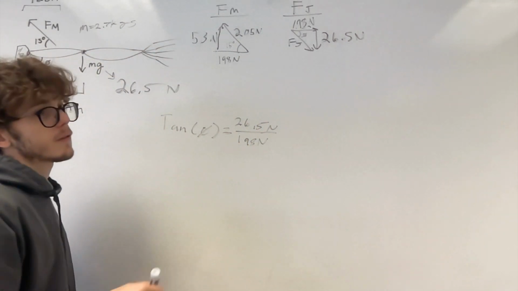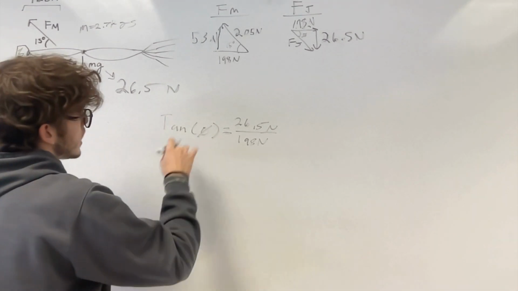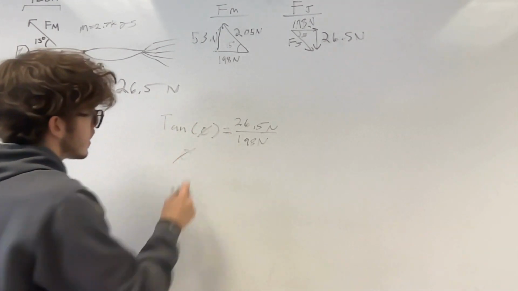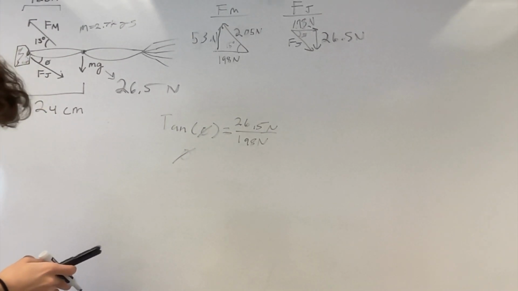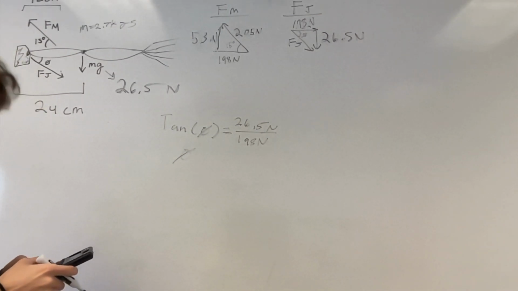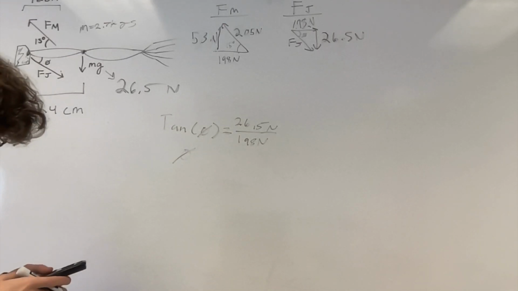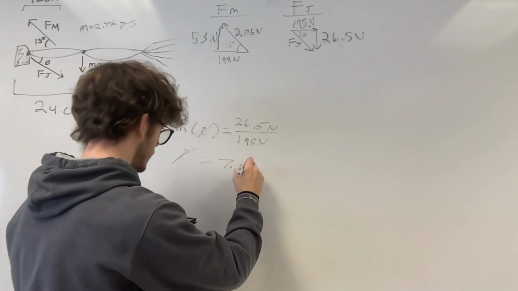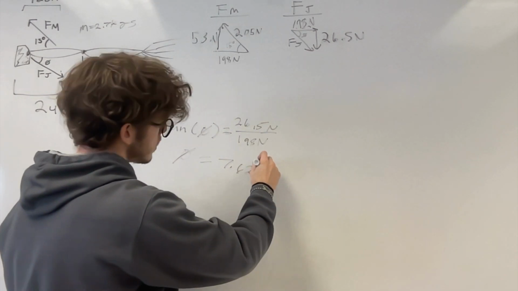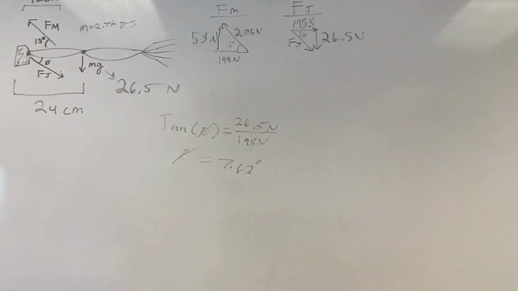Take the tangent inverse of each side. We get theta is equal to, and let's see what we get here, 26.5 over 198. That leaves us with an angle measure of 7.62 degrees. Make sure your calculator is in degrees and not radians. That's how I'm going to go ahead and solve the rest of this problem.